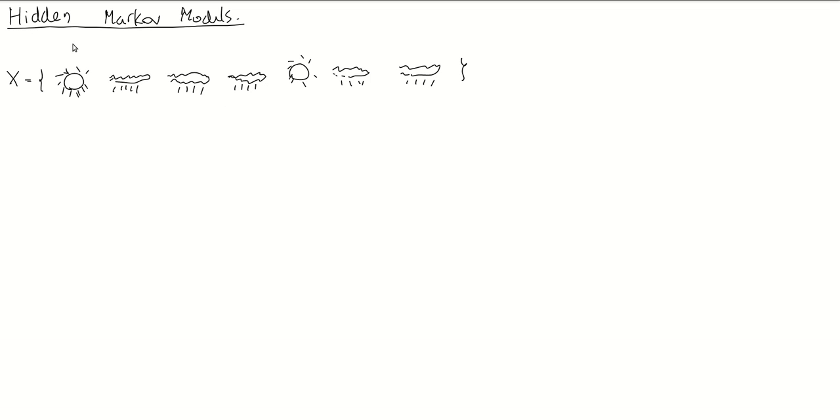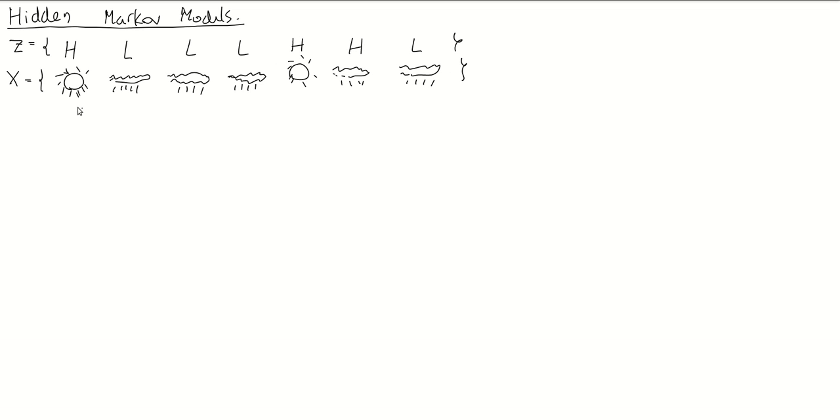So it might be that on Monday it was high pressure, and this high pressure was what caused or influenced the sun shining. And we might have similar hidden states, maybe with low pressure the next few days. So we have high pressure and low pressure. Then these are what we call hidden states.